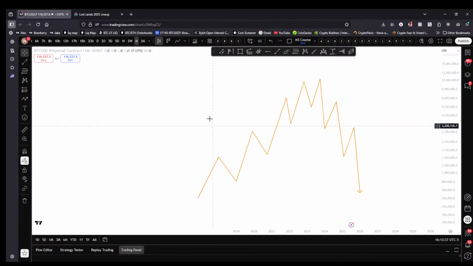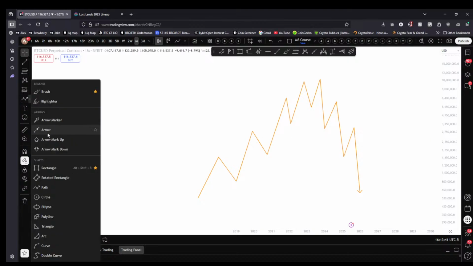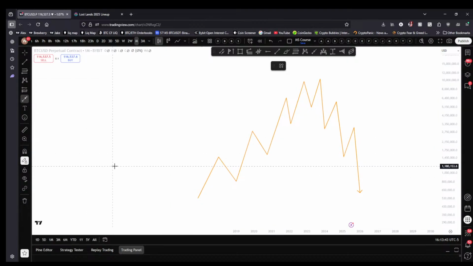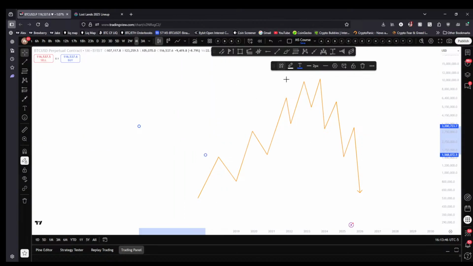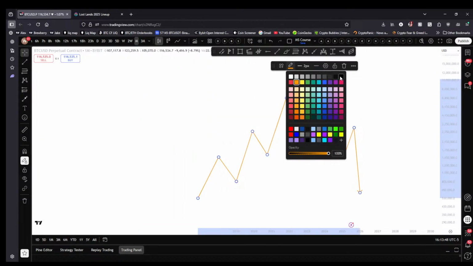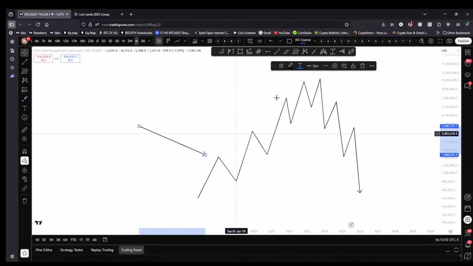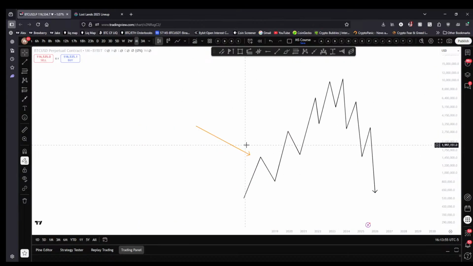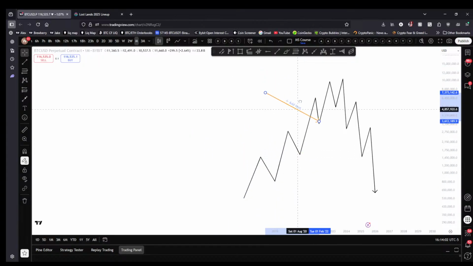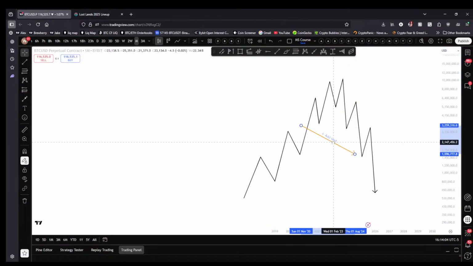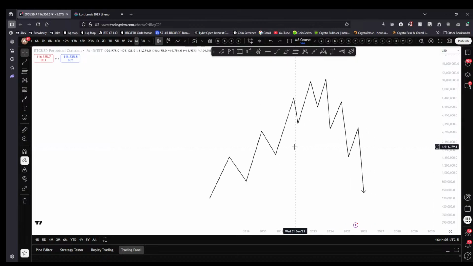The first thing you have to understand, let's start at the very base level, is whether your market is making higher highs and higher lows, or whether your market is making lower highs and lower lows. This is the basics of structure that everyone knows.